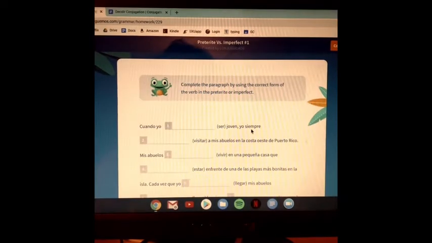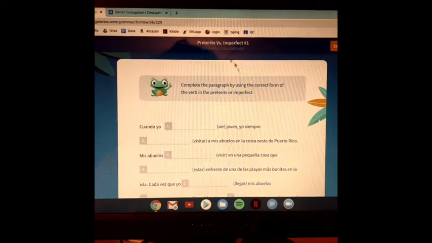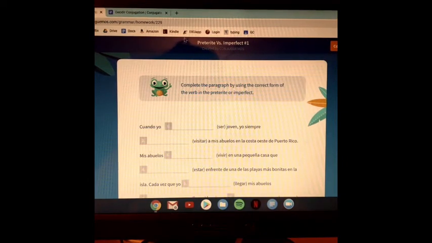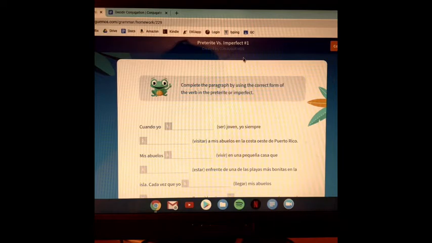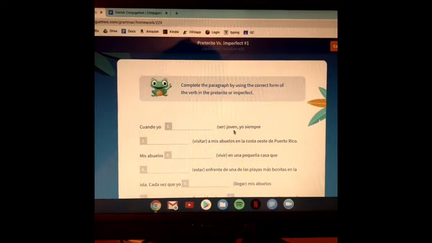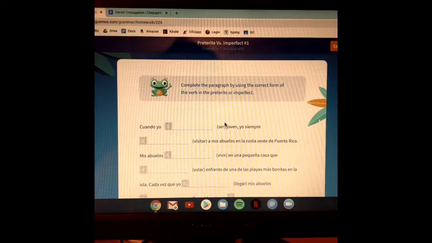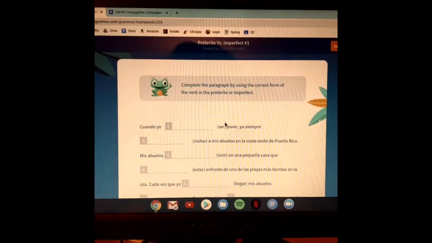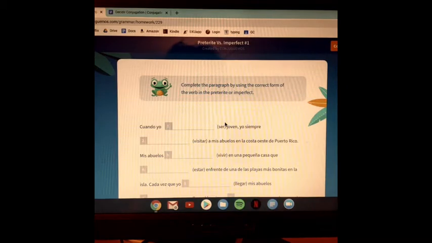Alrighty, so this is one of the Conjugamos websites you're going to be doing today. I'm going to have you do this preterite versus imperfect number 1 and number 2, but I'm going to help you with a bunch of these for number 1. Remember that preterite is used for actions that were completed in the past.